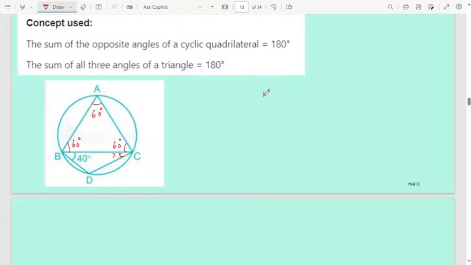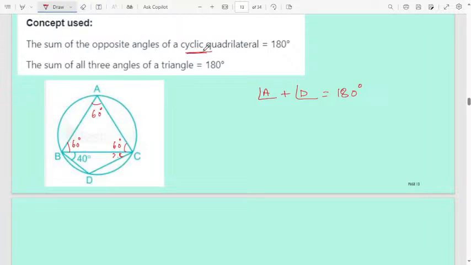Directly I will write here, angle A plus angle D will be equal to 180 degrees. Angle B and angle C we can't consider because we don't know the value. These two angles, A and D, sum to 180 degrees according to the property of a cyclic quadrilateral.